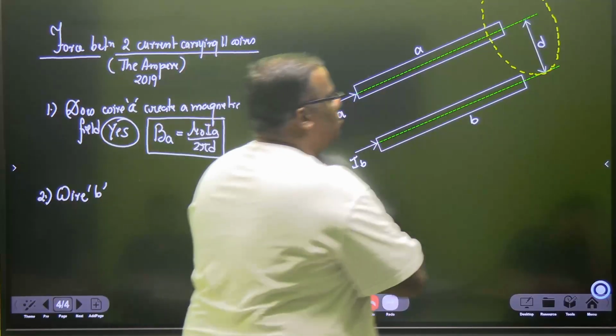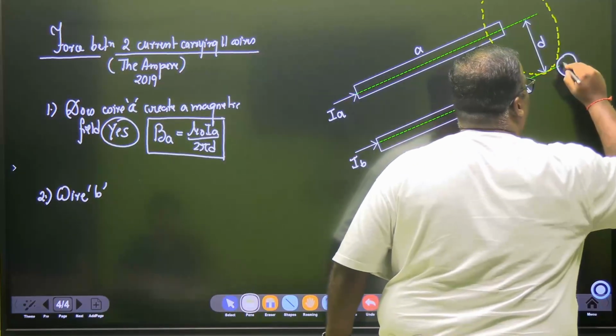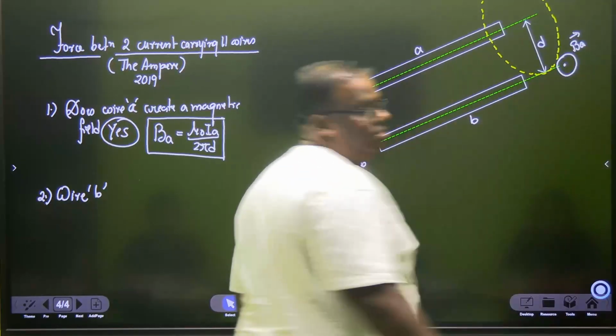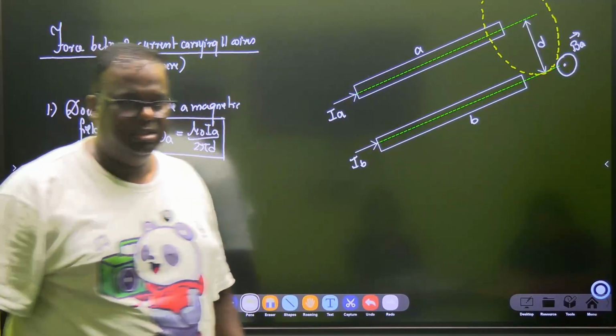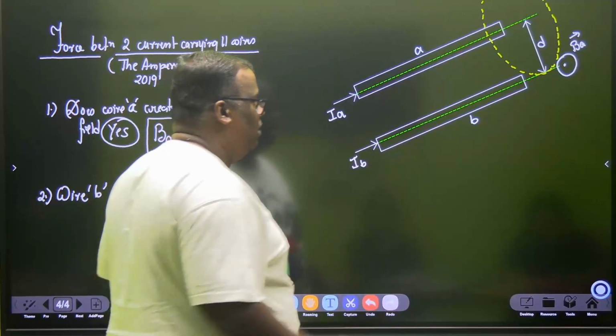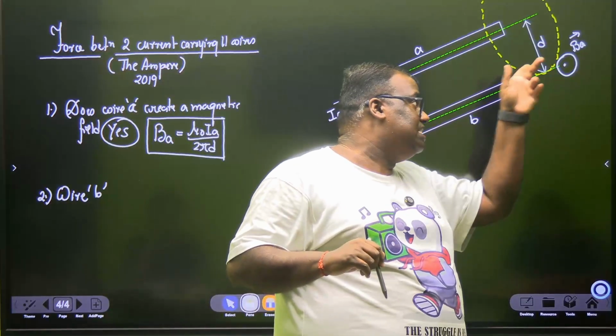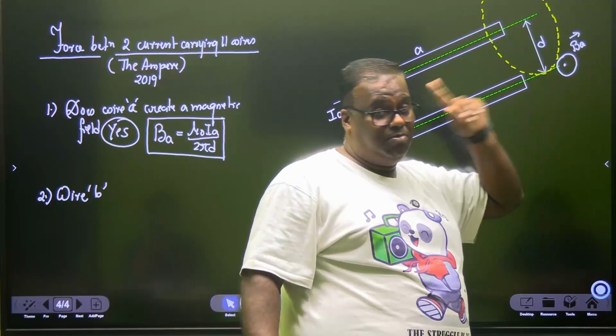Do you agree? So here I have a magnetic field like this, and this magnetic field is the BA magnetic field. Clear? And what is the direction of BA? BA's direction is going inside. Remember that.